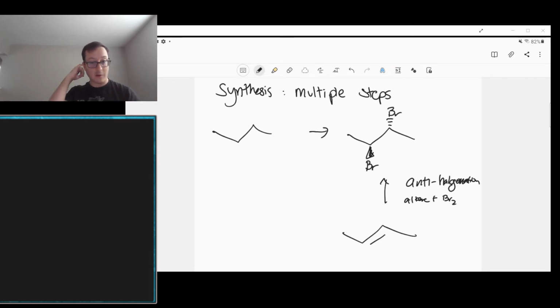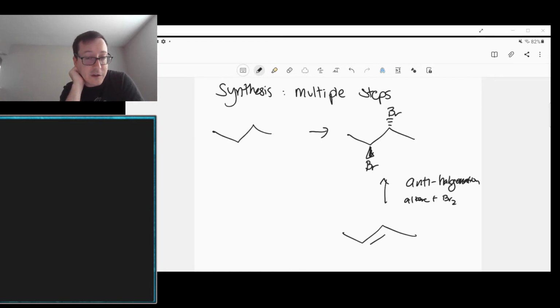And we go back and we think, okay, well, how do we make alkenes? Well, to make alkenes, we have a couple of options. We could dehydrate an alcohol. We could also eliminate something that had an alkyl halide. And looking at our starting material, we don't see an alcohol there, right?